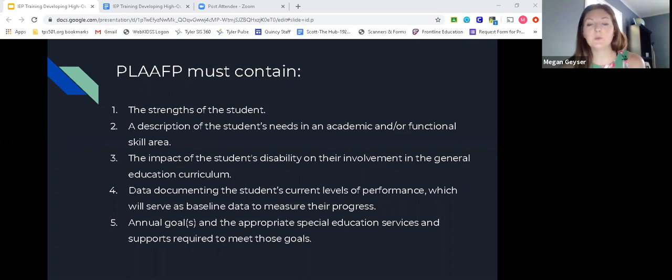We also should be adding in data from diagnostic assessments. These are used to assess specific skills or components of a skill. So again, for reading, for example, we would find assessments that could target phonemic awareness, phonics skills, fluency, just having students do some reading, and we can do error analysis and see where the breakdown is with their reading.